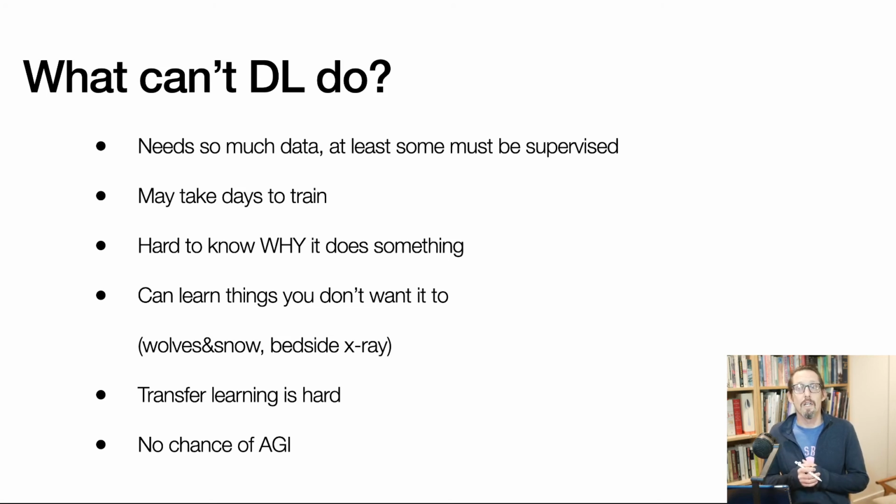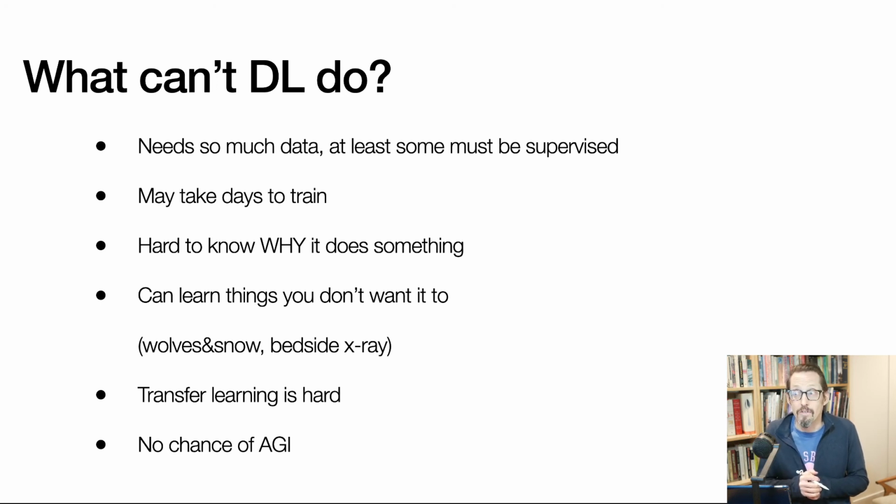There was a deep learning network that was trying to learn to predict the severity of somebody's COVID case from chest x-rays. They wanted to see, could we take a chest x-ray and predict whether somebody's going to end up in the ICU or not. What happened is it got really, really good performance. It was like, yes, we can predict the people that are going to get really sick.